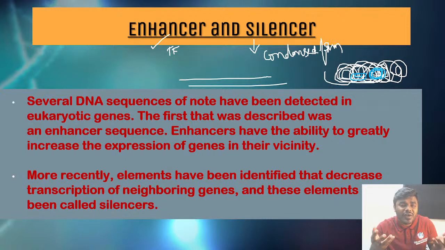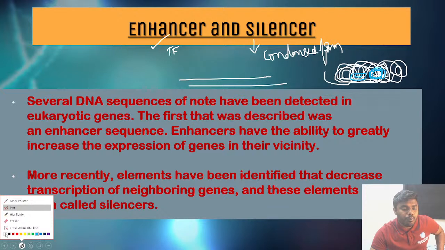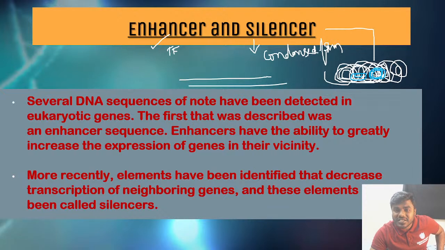By that, my friends, if RNA polymerase is not associated with the promoter, how will the process of transcription occur? The process of transcription never takes place. In a simple way, in one line, silencers basically block the process of transcription by converting the DNA into the most condensed form. Simple point it is.